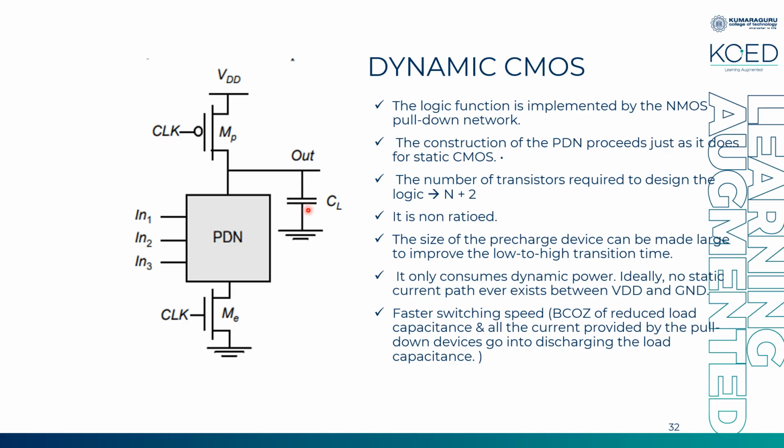If you use a reduced load capacitance, then your switching time, that is the charging and discharging time, will be minimum. So if the charging and discharging time is minimum, the switching on and switching off, that is the transition from one state to the other state, will be faster. Once this transition time gets faster, automatically the overall speed is high.